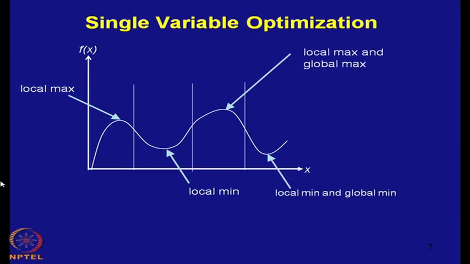In the third interval we have the global maximum and in the fourth interval we have the global minimum. That is why our task would be to find the relative or local minima or maxima, or the global minima or maxima, for the single variable optimization problem.